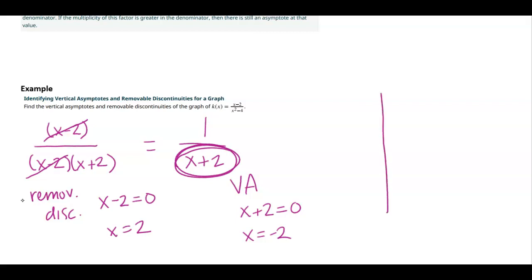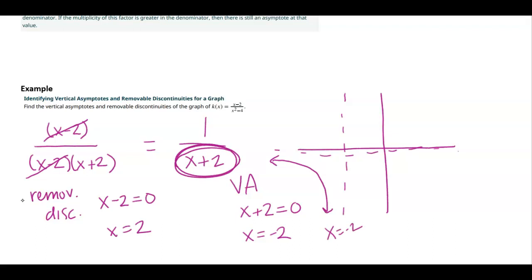If you wanted to sketch a graph of this, I know it doesn't have us do that, but this is the parent function moved to the left 2. Everything from negative infinity to -2 is going to be the same. Notice that vertical asymptote at x equals -2.